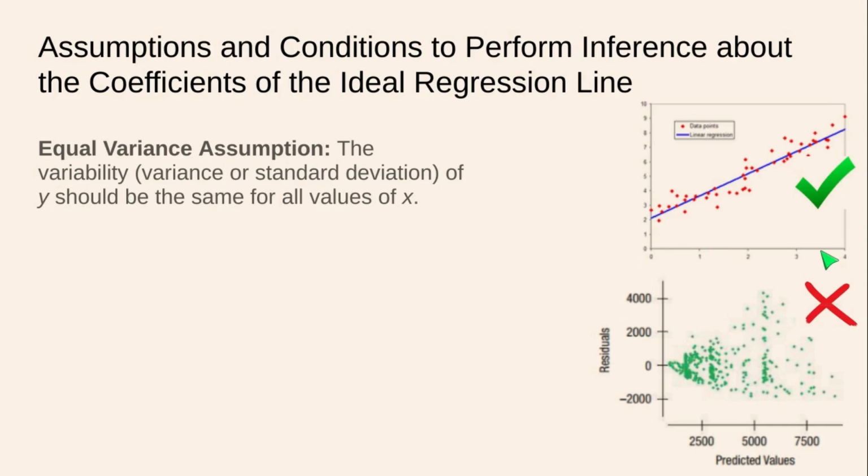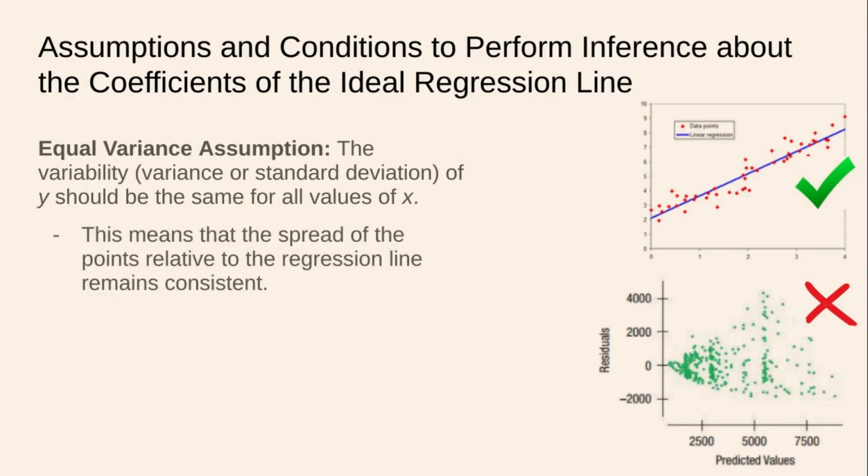It doesn't matter what value of x you pick, we end up seeing y values, some of which are a little high, some of which are a little low, but they vary about the same no matter what value of x you pick. We could kind of put guardrails on either side, and they would pretty well model the traffic, as it were, of the points in the scatter plot relative to the middle of the road, as it were, that is the regression line. So that's what equal variance looks like in bivariate data.